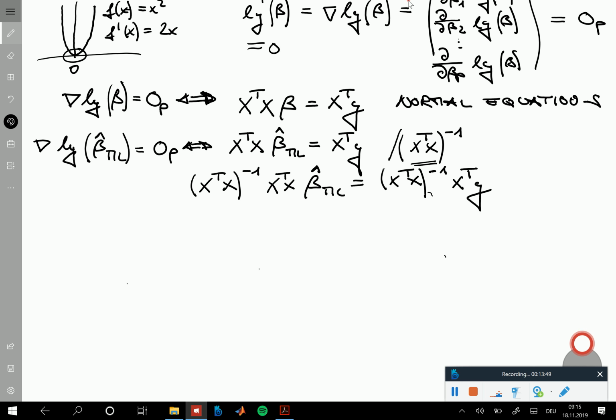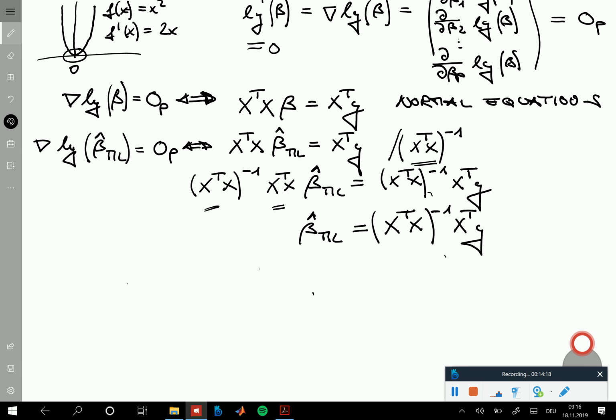And here you have the inverse of X transpose X times X transpose X. What does that yield? Yes, the identity matrix, the p-dimensional identity matrix. And if it's 1, then of course we don't need to write it. So our maximum likelihood estimate is then given by this formula.